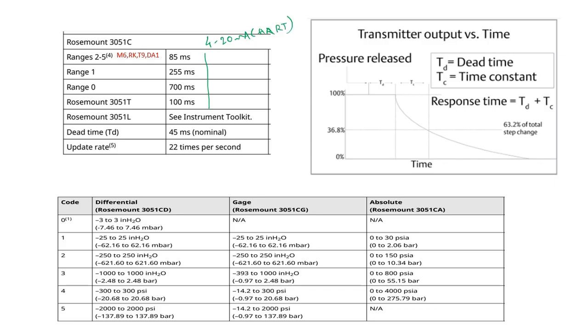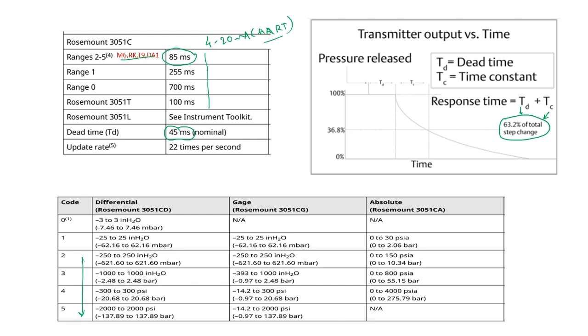And here the response time is given by the 63.2% of the total step change. This is the time constant, and plus there is a dead time. As you can see, for range 2 to 5, with the option code of M6, RKT9 and DA1, the response time comes around 85 milliseconds. This is basically your time constant, and you have to add the dead time here, which is 45 milliseconds.